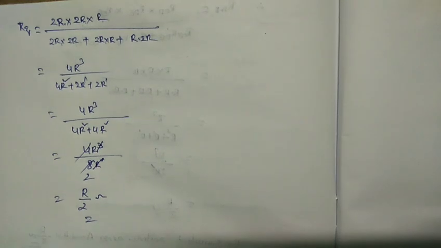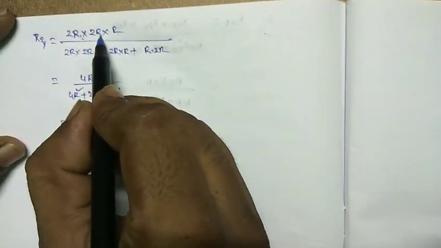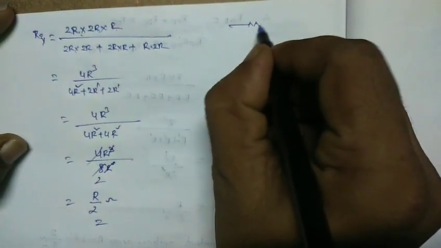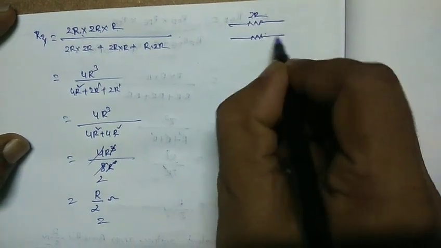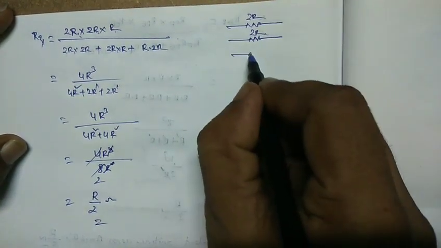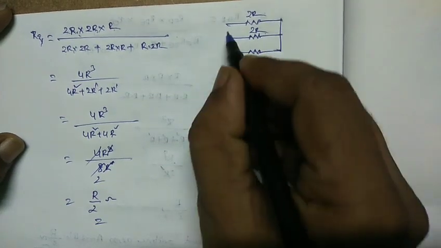So simple. Clear? Once more, I repeat: R equivalent is equal to 2R into 2R into R. See here, this is a 2R resistance, this is also a 2R resistance, and this is an R resistance.